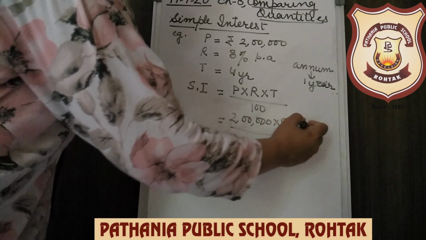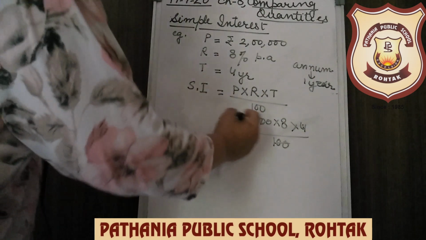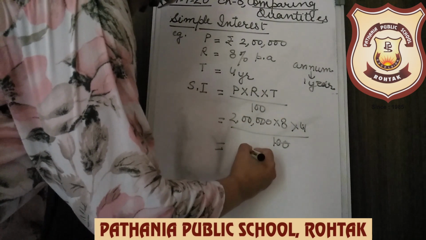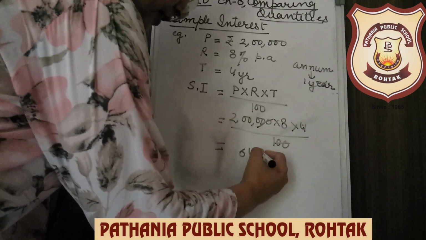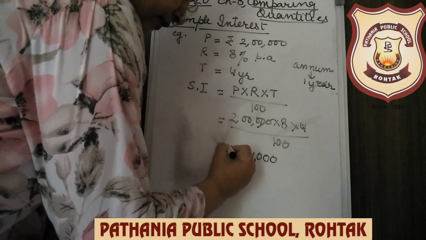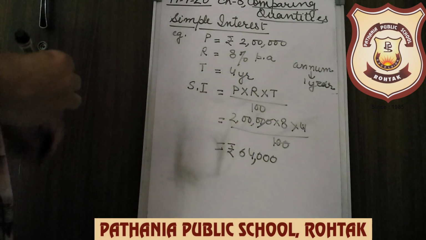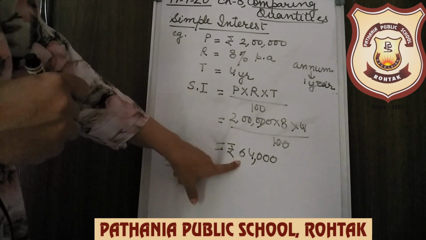Now 8 fours are 32. 32 multiplied by 2 is 64. And as these two zeros are cancelled, how many zeros are left with me? Now rupees 64,000 is there. So this is your simple interest.